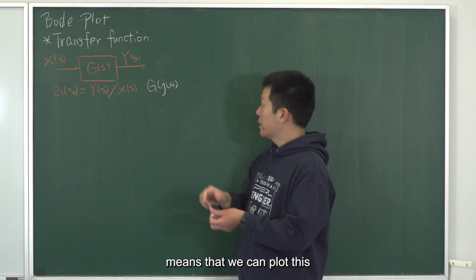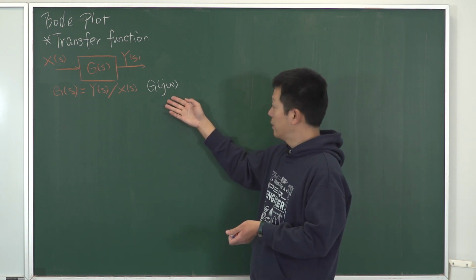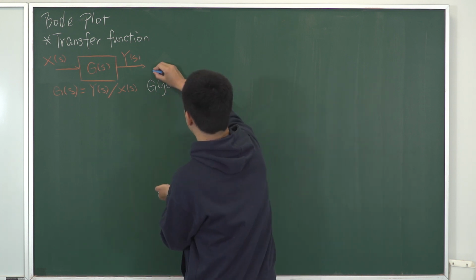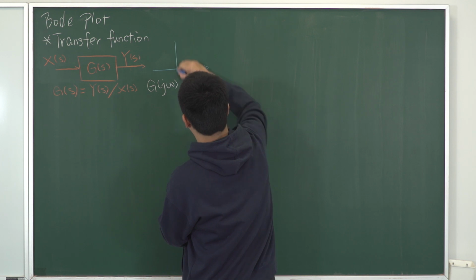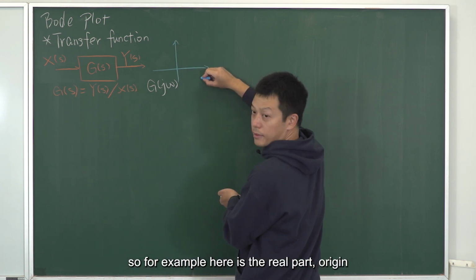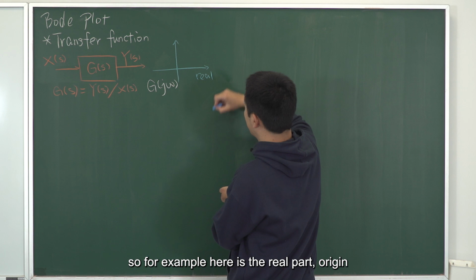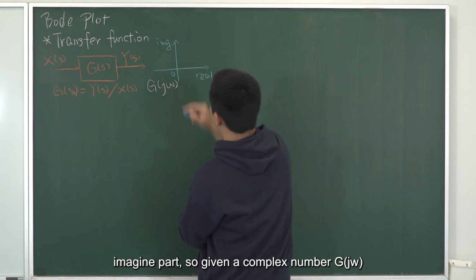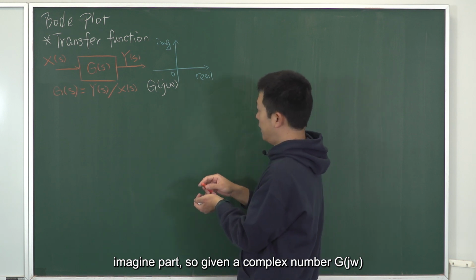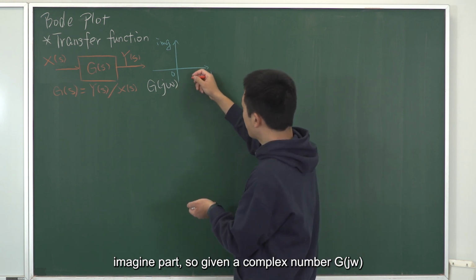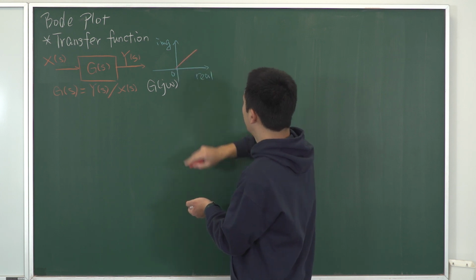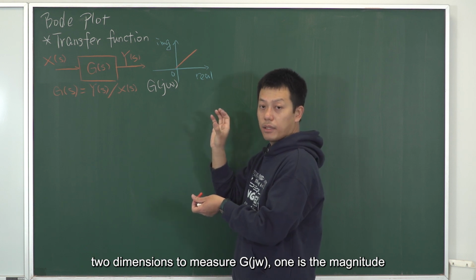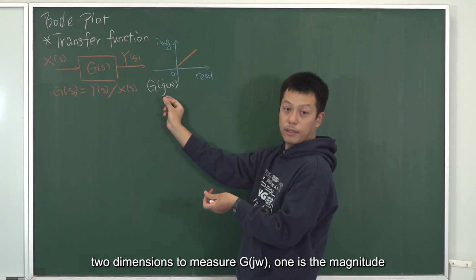Complex number means that we can plot it in the complex plane. For example, here is the real part, origin, imaginary part. Given a complex number G(jω), we have two dimensions to measure it.